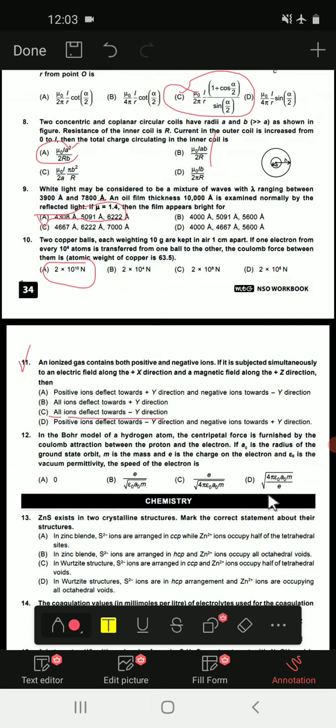These are the four options A, B, C, and D. You have to choose the best answer option among these, and the correct answer option is number C.